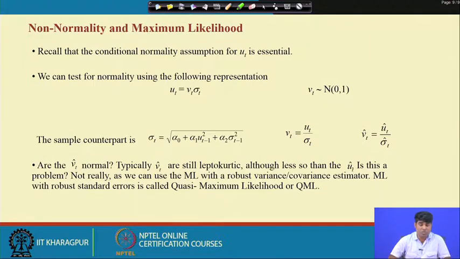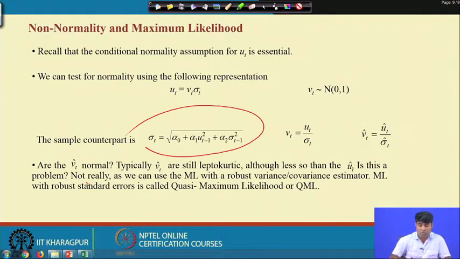So, we can test for the normality using u t equal to another error term v t and the standard deviation sigma t, where v t will follow a normal distribution with mean 0 and unit variance, and the sample counterpart is sigma t equal to the square root of alpha 0 plus alpha 1 u square t minus 1 and alpha 2 sigma square t minus 1.